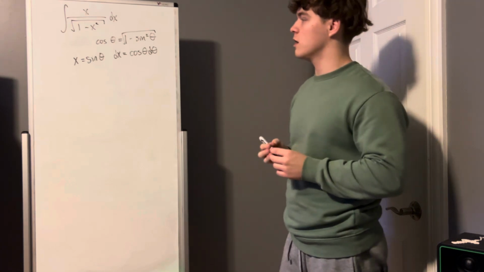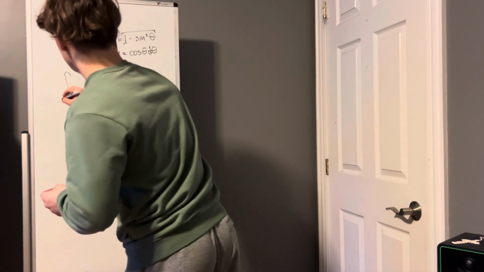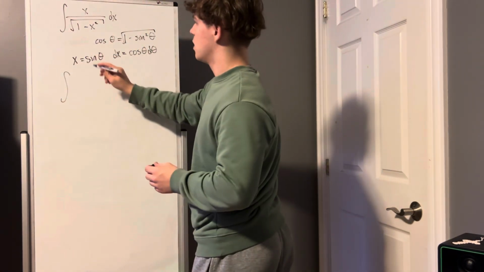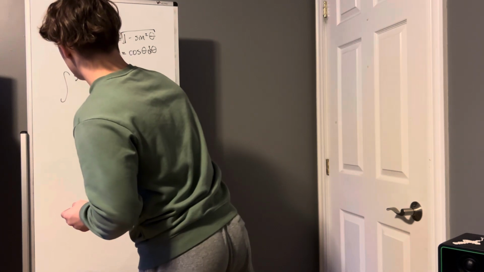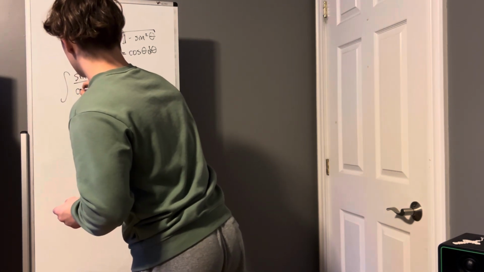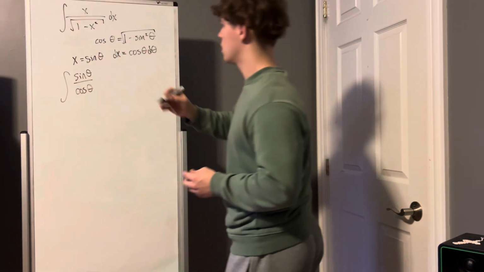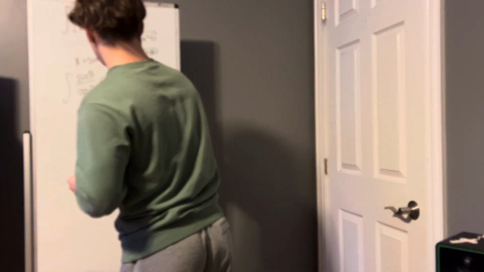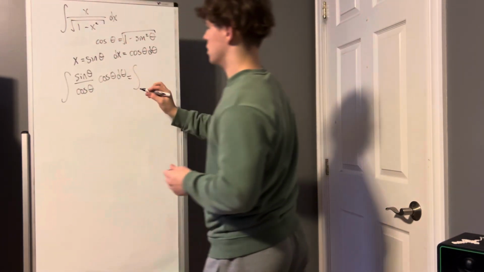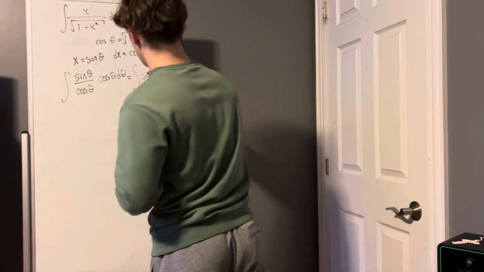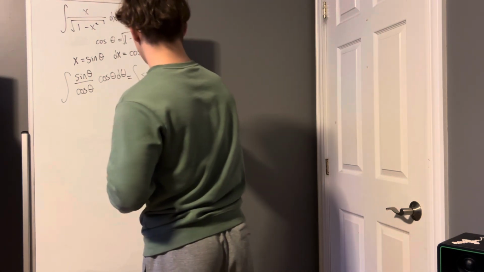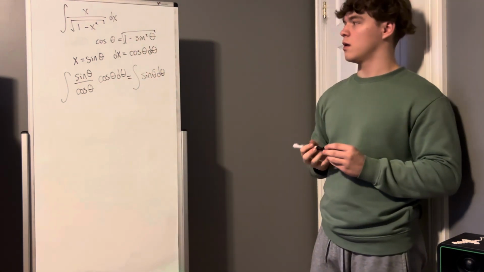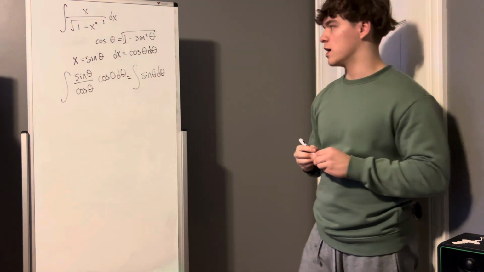What do we have here? We have the integral of sine theta over cos theta. Dx is cos theta d theta. So this is actually just the integral of sine theta d theta. Well, what's that? That's easy.